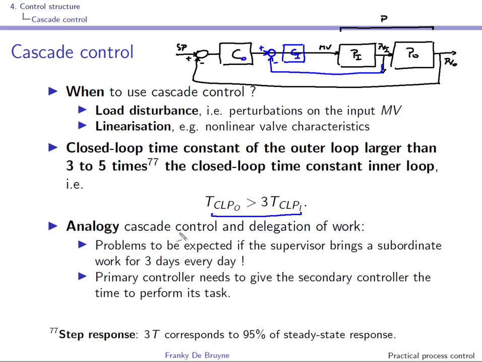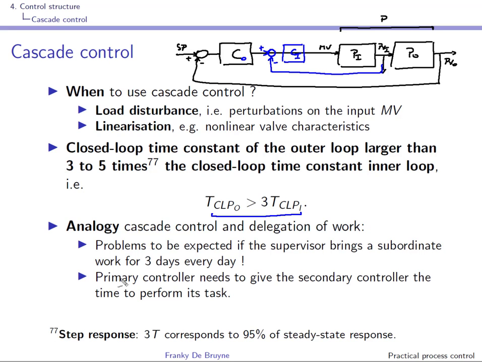And to explain this, I always like to use the analogy of cascade control and delegation of work. Well, problems are to be expected if the supervisor brings a subordinate work every day for 3 days, right?